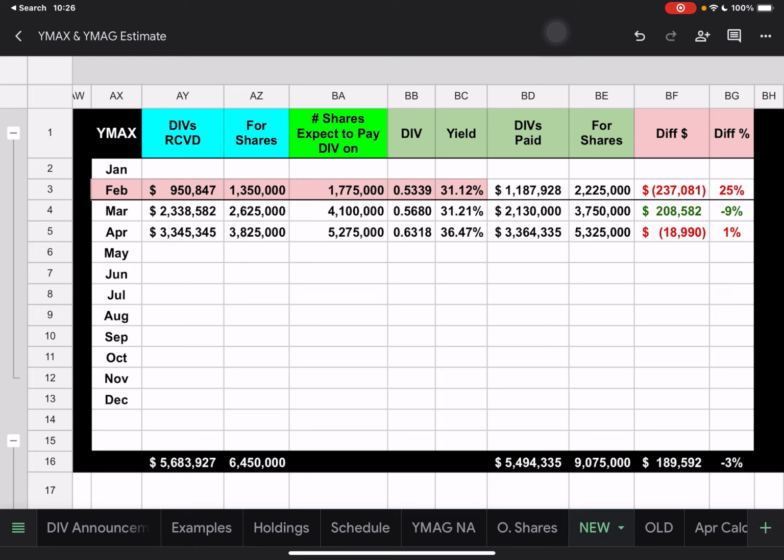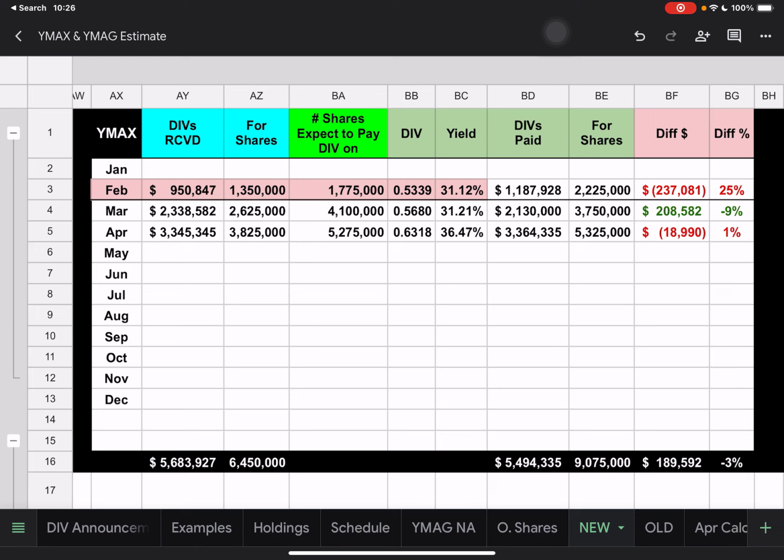And then again, I'm just going to have to assume that February was somewhat of a wash, since I do not know for sure, as I didn't know the exact share count for the holdings the day of the single stock ETF ex dividend date, sorry, or the day before.